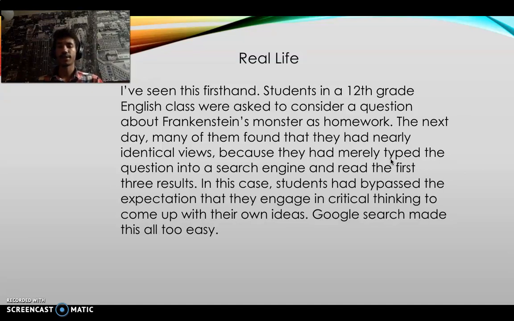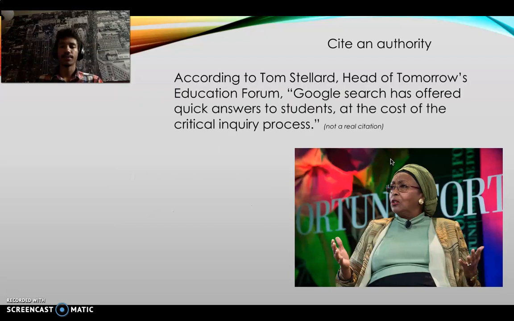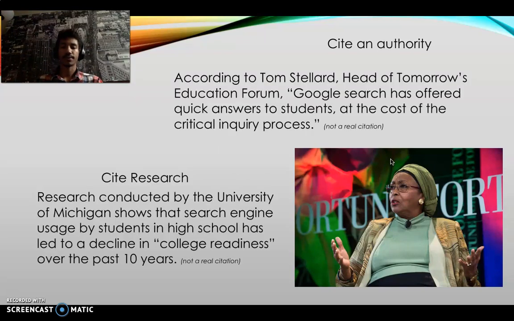But if stories and anecdotes aren't enough, why don't we ask the pros? The last two, and often the strongest forms of evidence, are citing authority and citing research.